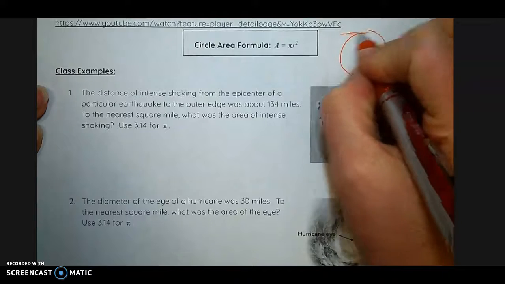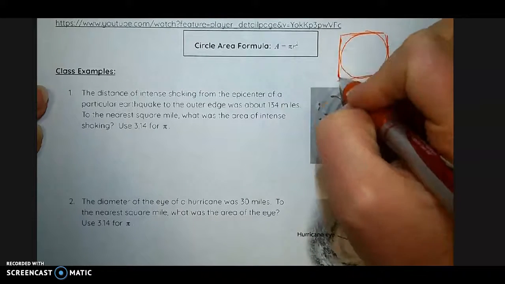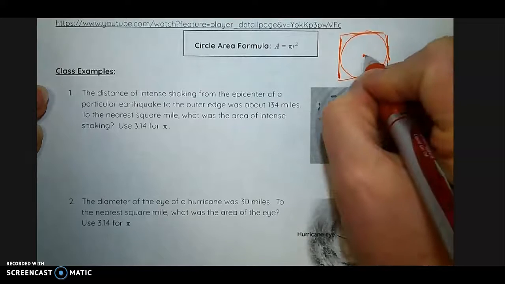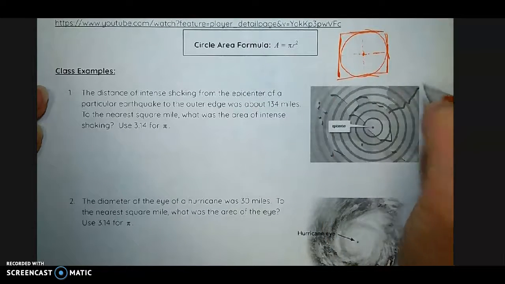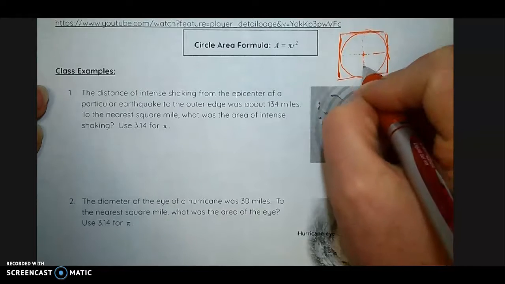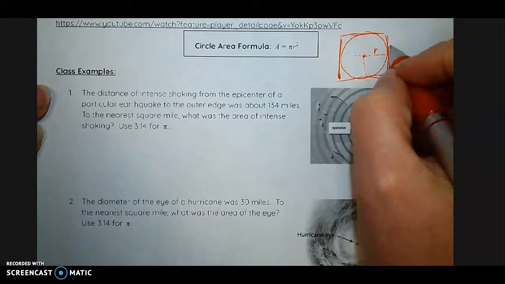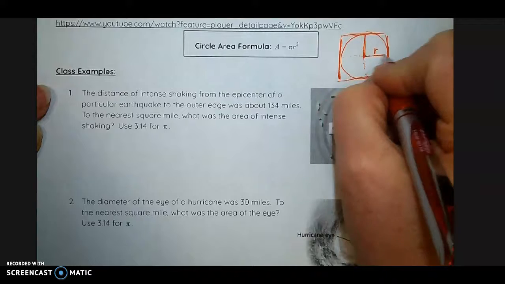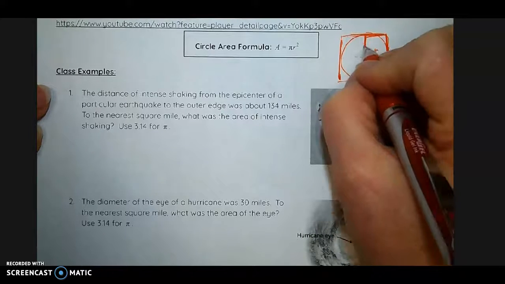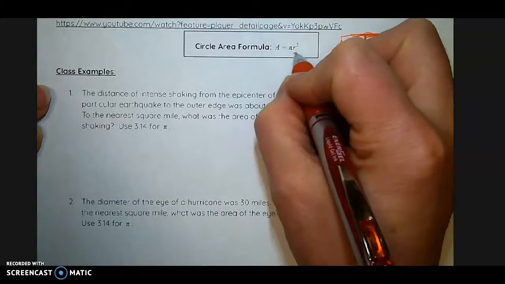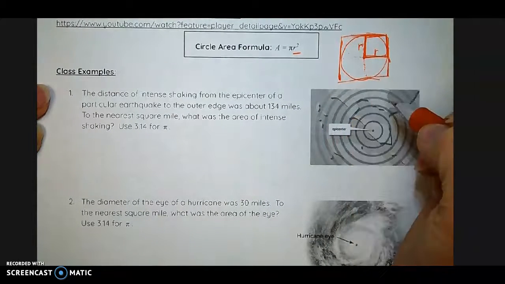If I take a circle, because a circle is nice and all the radiuses are the same, that means from here to here is also the same as to here, and to here, and to here. And so if I take my radius and I square it, that would give me the area of this square right here. Radius times radius, so that's where the radius squared comes from. Now you're like, oh look, there's like 4 of those squares.